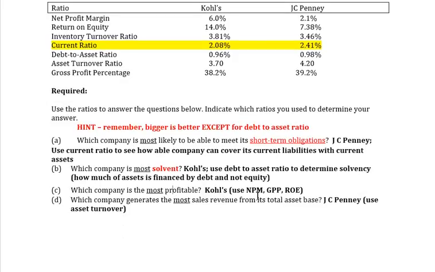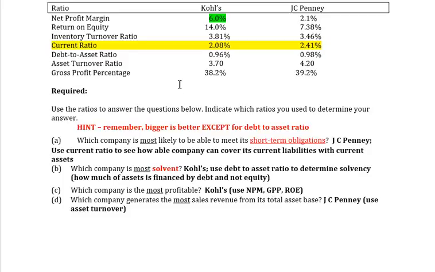Now, which one is the most profitable? Well, we'd look at all the profitability ratios. We talked about these profitability ratios earlier on. Net profit margin, gross profit percentage. Gross profit percentage we introduced in a previous chapter. Net profit margin as well. And return on equity was just based on the most recent chapter that we did. But in any case, the one that's the most profitable will have the largest ratios here. So we can see Kohl's has the largest net profit margin ratio.